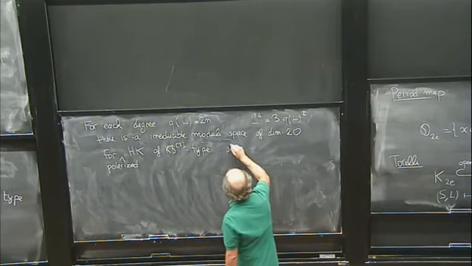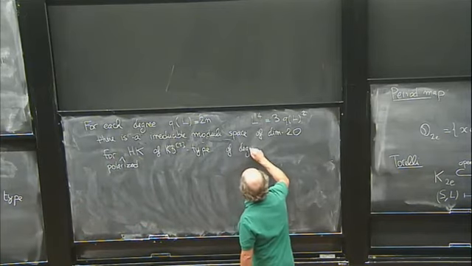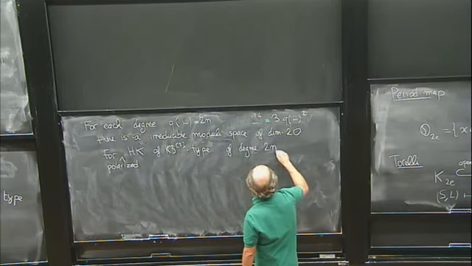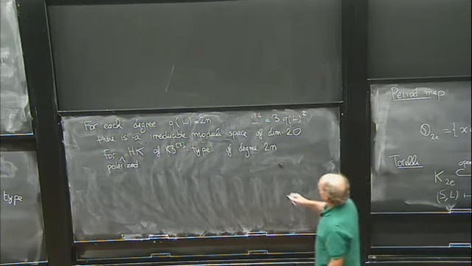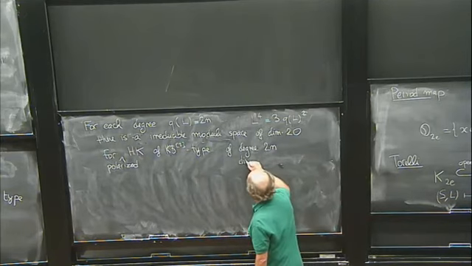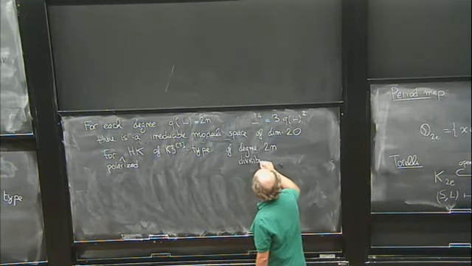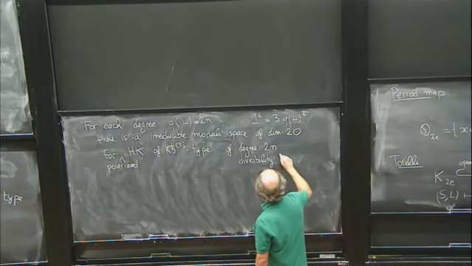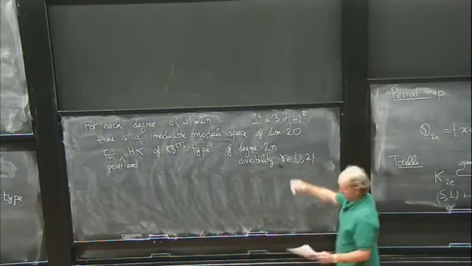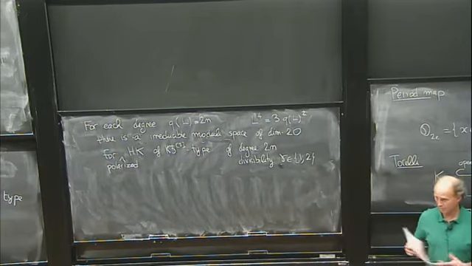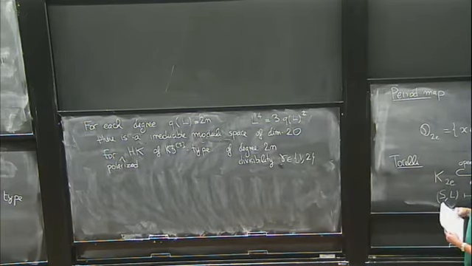So I want to say of degree 2n, but actually if stated like this, that would not be true. You need another integer which sort of distinguishes polarizations of the same degree, which did not occur in the K3 case.